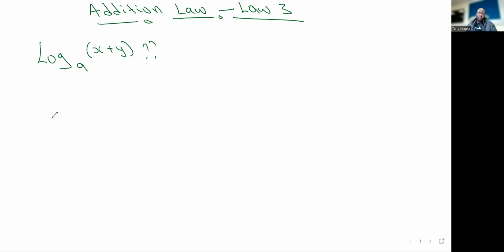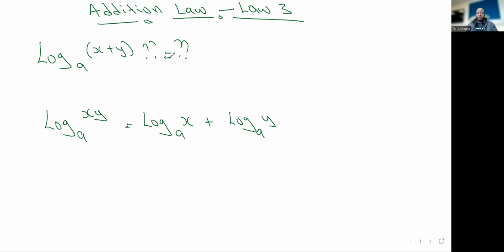This is different from the product law, when we had log a of xy. In the product law, x and y were multiplied together, and then we said it was log a of x plus log y to base a. But in this case, instead of being multiplied, it's being added. How do you break it down?